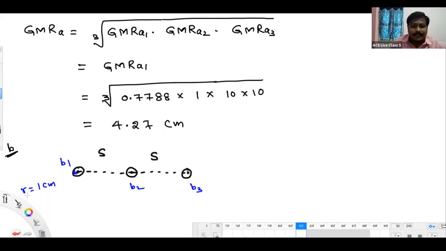Please listen, I want to make a small conclusion. In the previous case, the phase A calculation, all three GMR values are equal. Hence, the GMR of the overall phase is nothing but the GMR of any one of the subconductors.